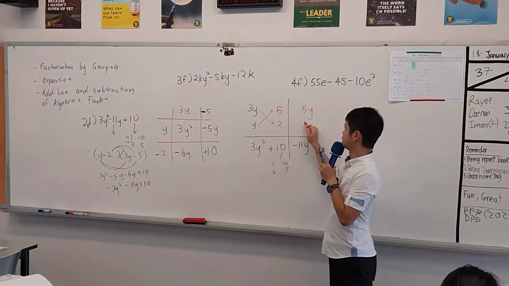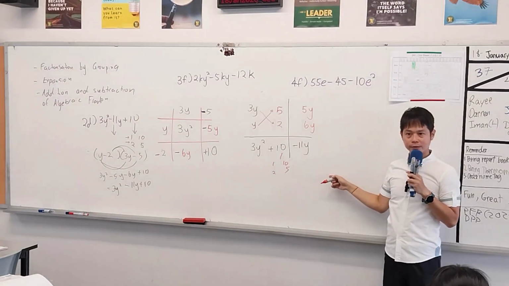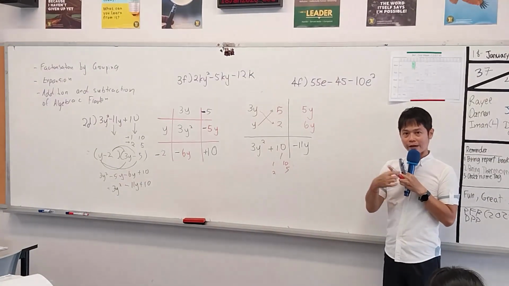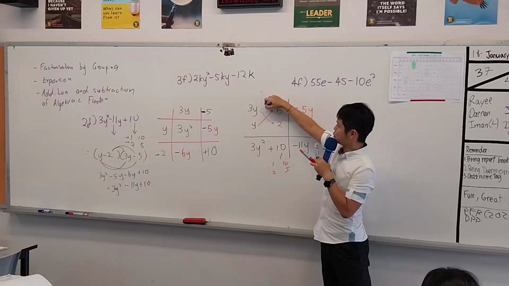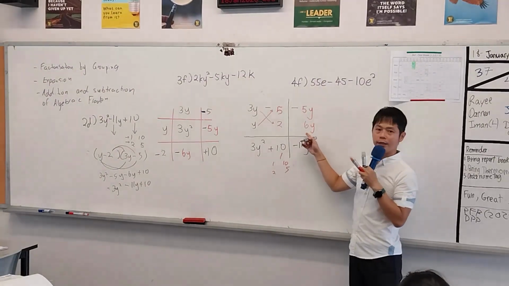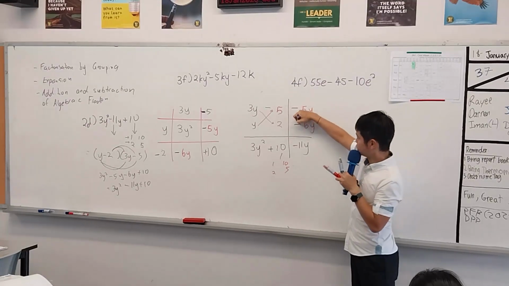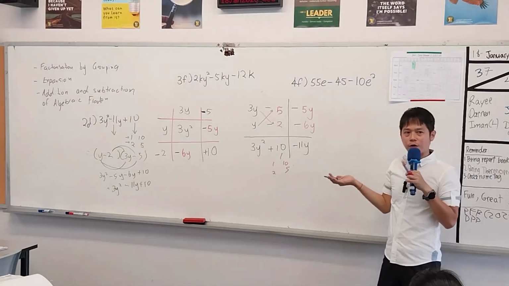Cross it down. This is a 6y. Can 5 and 6 give you 11? How? The 5 should be a negative sign. So this must also be negative. The 6y, negative. So this must be negative. Finally, where do I get the answers from?